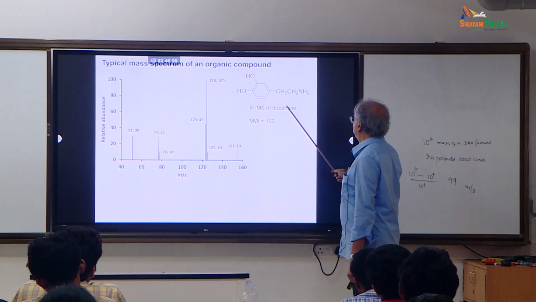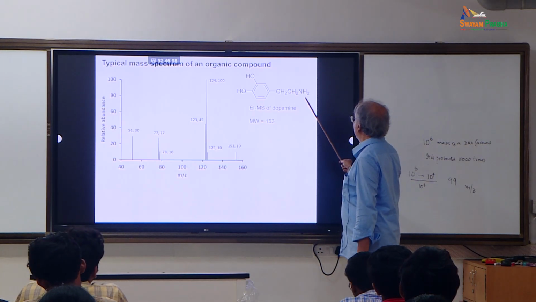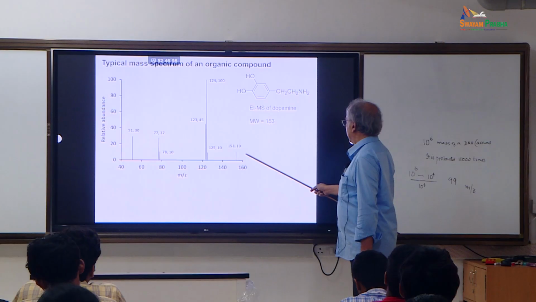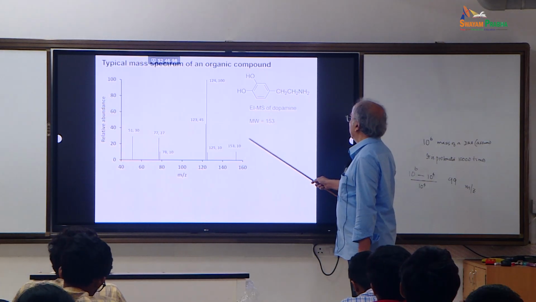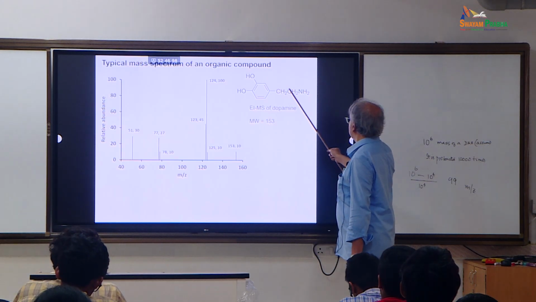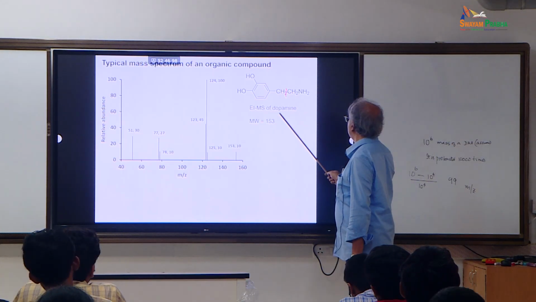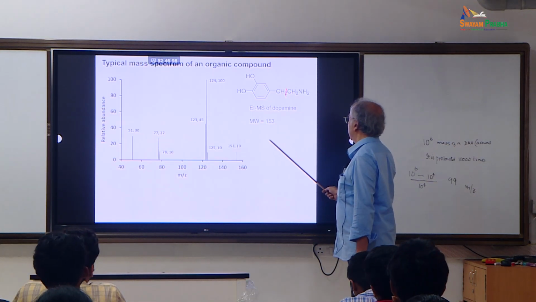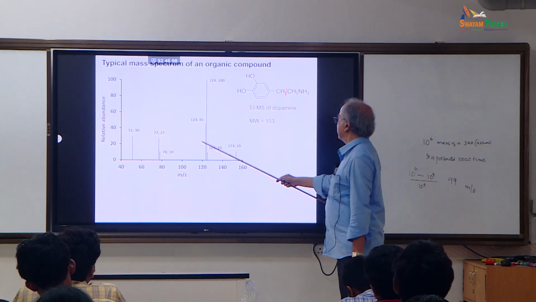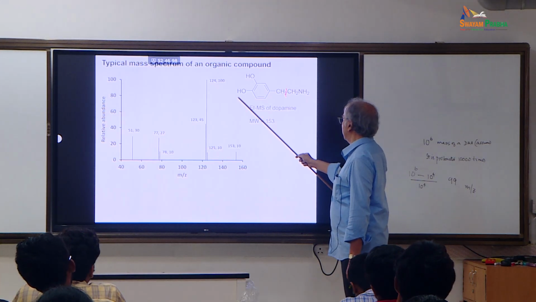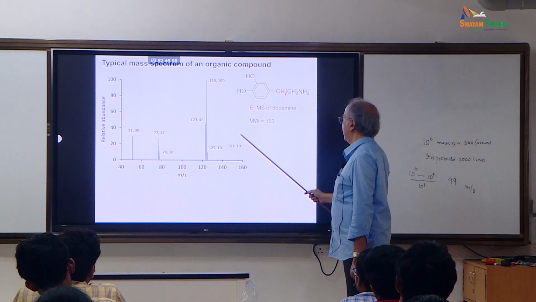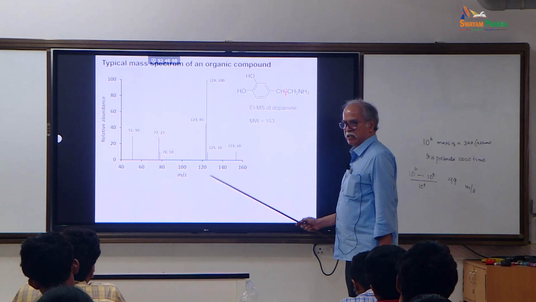So you ionize it into a cation that gives 153, and then fragment this across here. You get 77 as well as 124. The two fragments that you get.